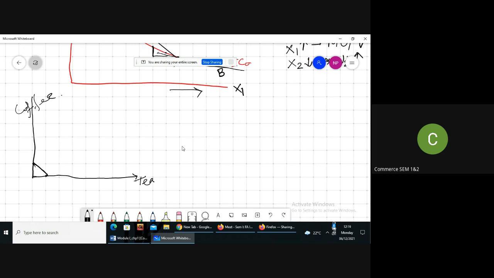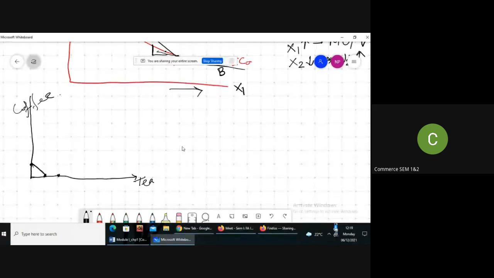Okay. Either you are consuming at this point 1 unit of tea, or at this point 1 unit of coffee. Or if the consumer consumes 2 units of tea or 2 units of coffee, then this will be the indifference curve. Fine?